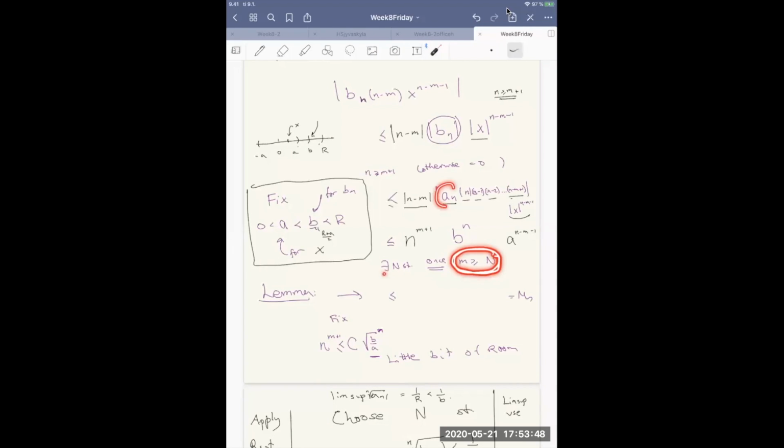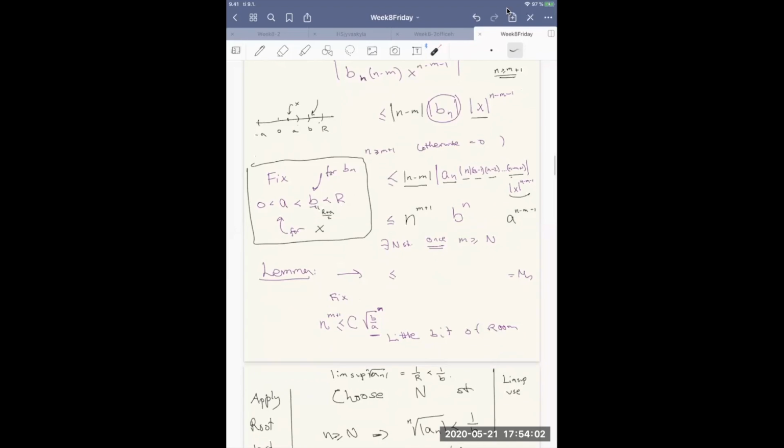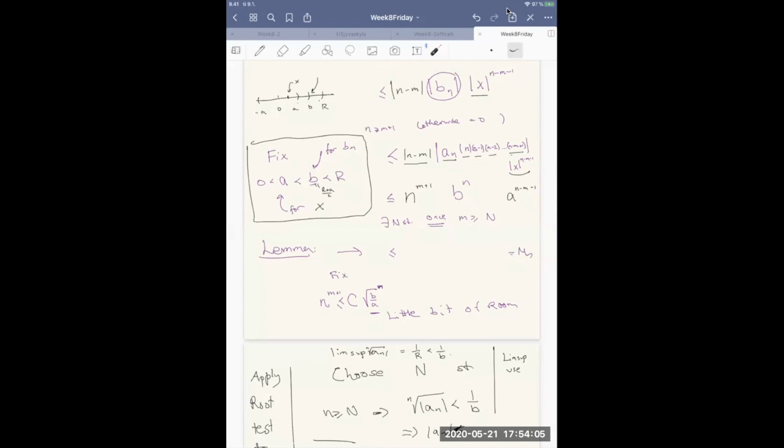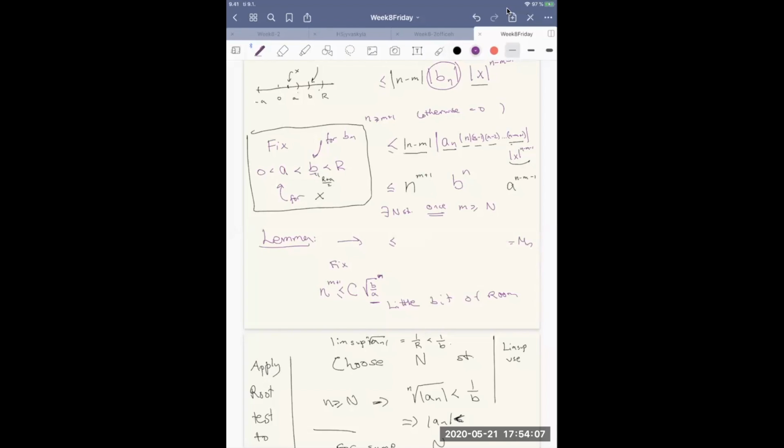But again, the convergence of our upper bound does not depend on finitely many terms. So that this bound will start from some index does not matter. See the Wednesday lecture if you want to see that in detail. So it's enough to prove this estimate starting from that index.